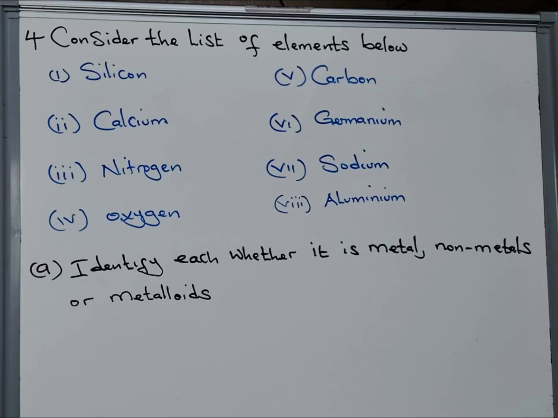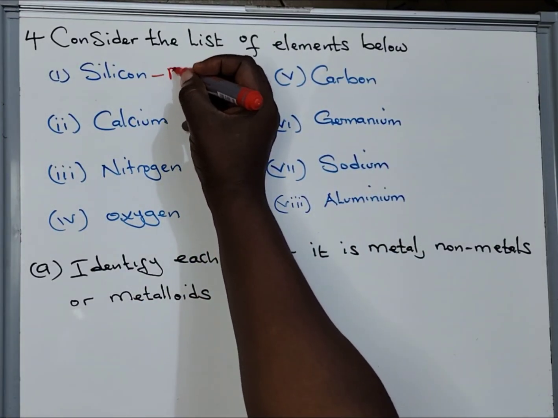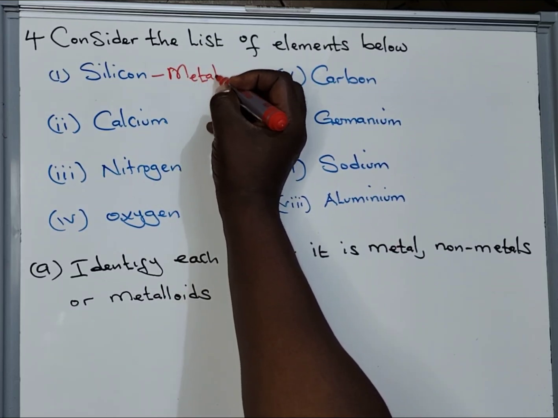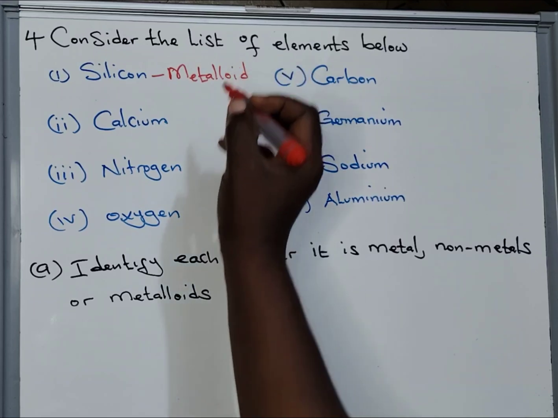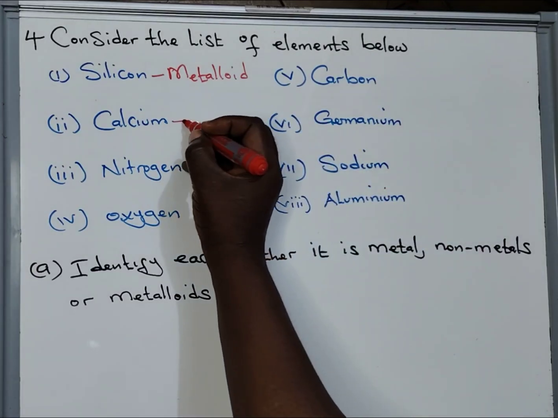So let's look at silicon. What is silicon? Silicon is a metalloid. It has both characters, metals and non-metals. Okay, calcium, what is it?